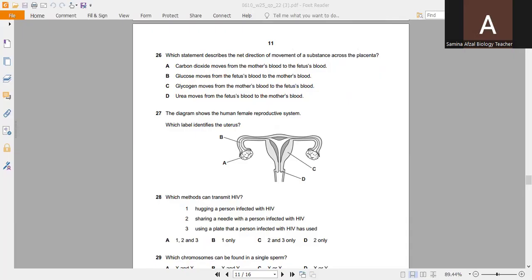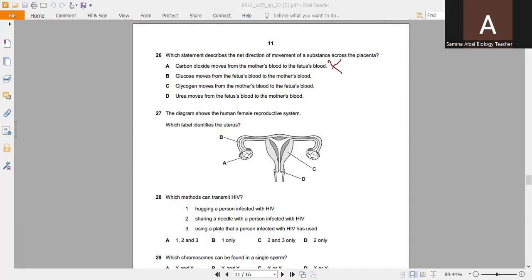So this is wrong, because the carbon dioxide should move from the fetus towards the mother. So this statement is not correct. Glucose moves from the fetus's blood to the mother's blood. Again, you can see that this is wrong.